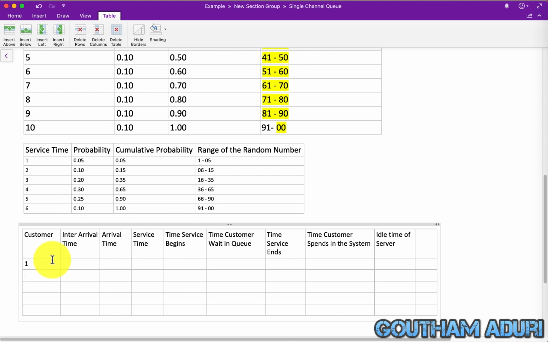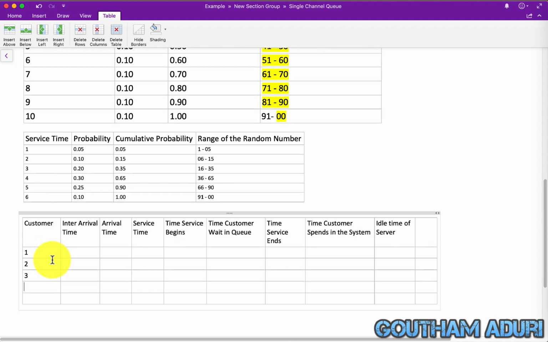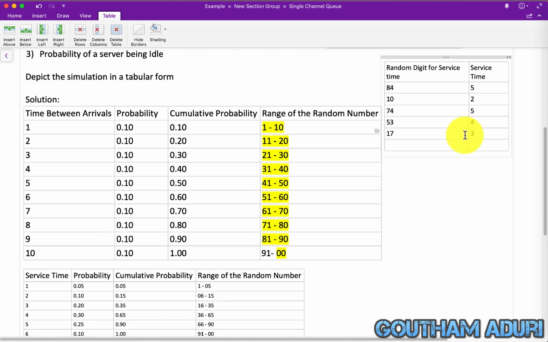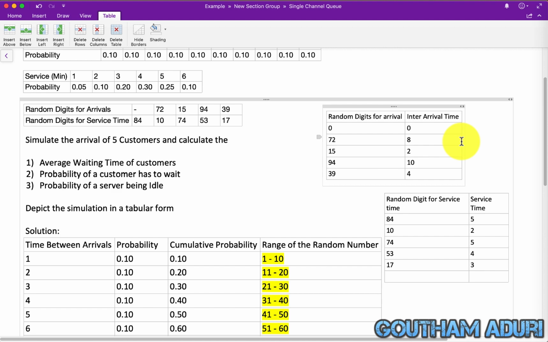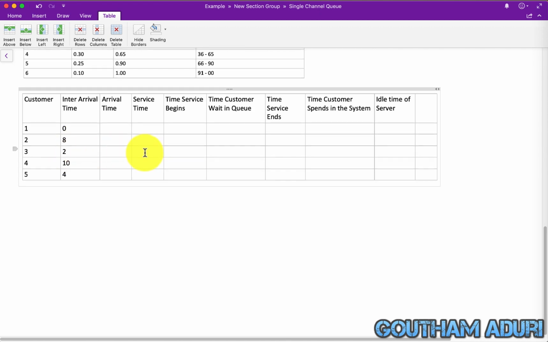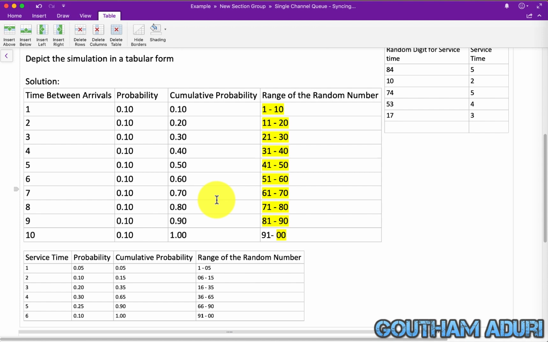So he is saying 5 customers, 1, 2, 3, 4, 5, and the inter arrival times are given 5, 2, 5, 4, 3, and 0, 8, 2, 10, 4. And the service times are given 5, 2, 5, 4, 3.